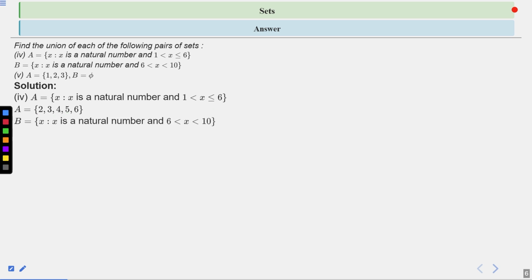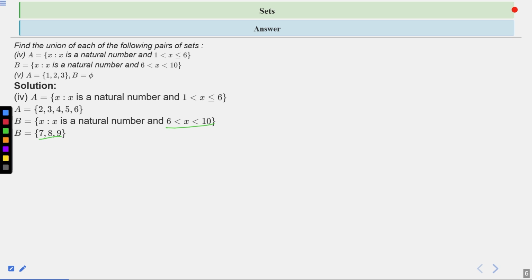B, in set builder form, you have to collect x such that x is from natural numbers and x must be strictly greater than 6, strictly less than 10. So what will be the roster form of B? Very simple. In roster form, we are going to have 3 elements: 7, 8, 9. These are natural numbers satisfying the given inequality.